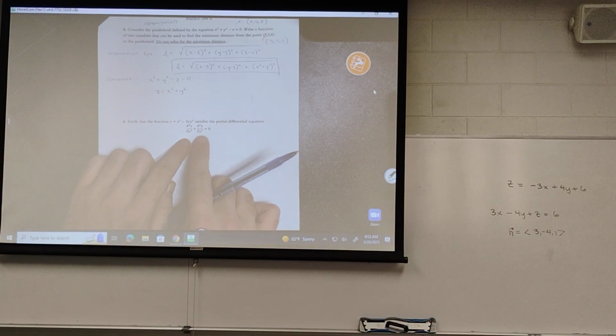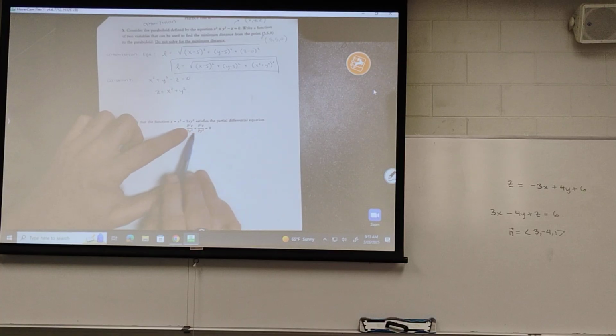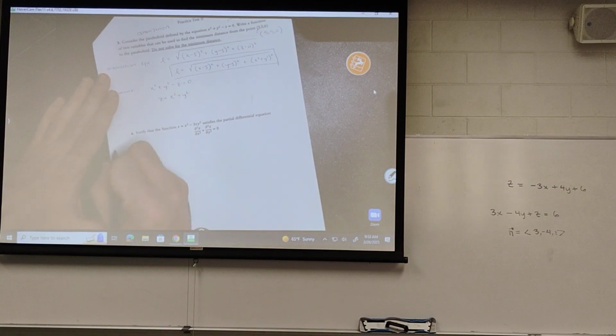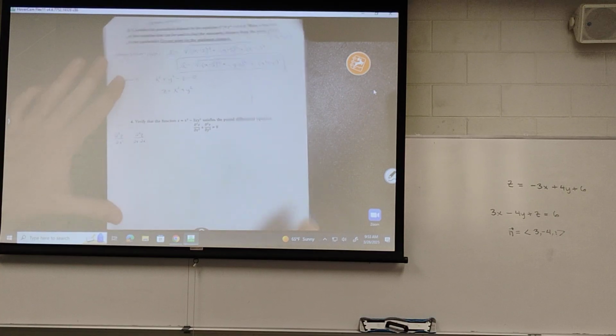The only thing that is going to slow us down here is simply the notation. This is saying the second partial with respect to x, then x. So another way of writing this would be like that.